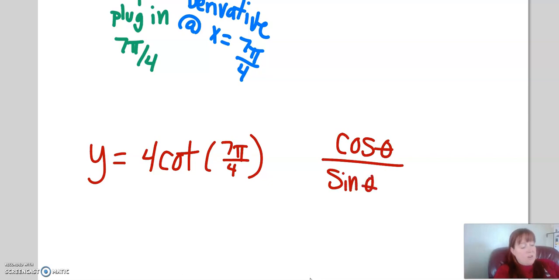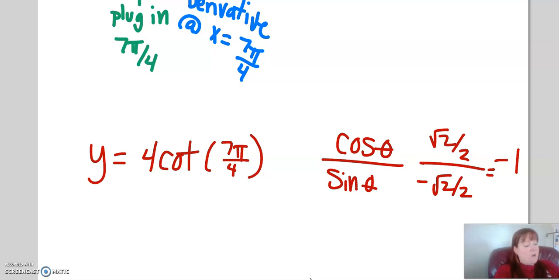Our cosine was root 2 over 2 and our sine was negative root 2 over 2, so the cotangent is negative 1. So y equals 4 times negative 1. When x equals 7 pi over 4, y equals negative 4.